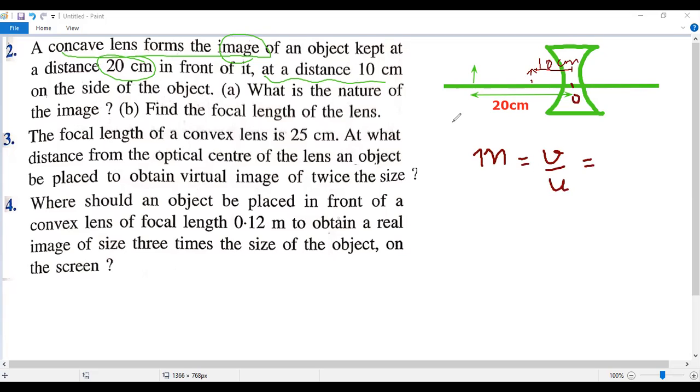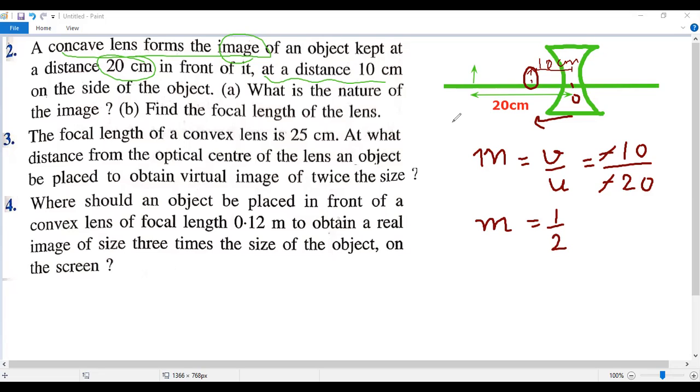Distance between optical center and image. It is on the left side or right side? It is on the left side. So it is minus 10 divided by minus 20, as the object is placed on the left side. Minus deducts out with each other such that magnification comes to be equal to half.